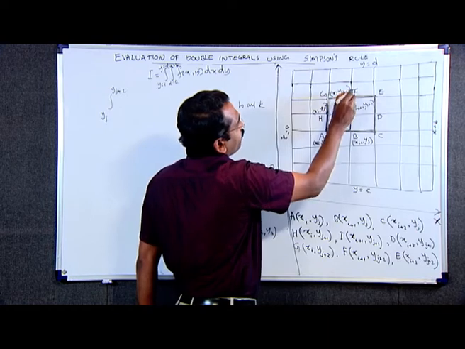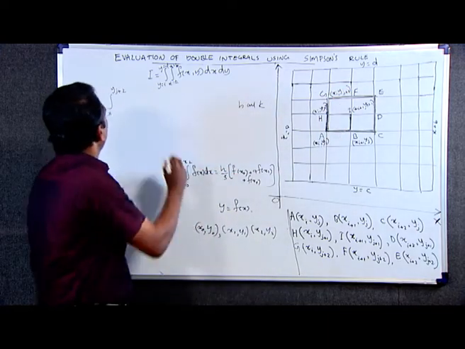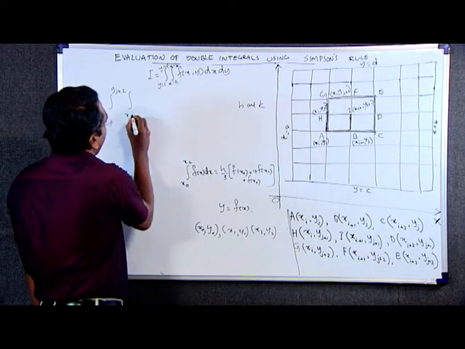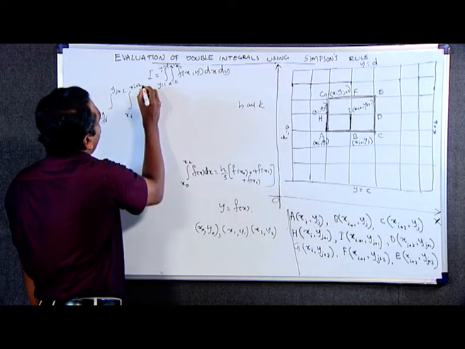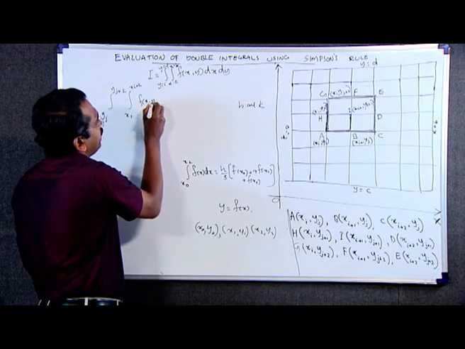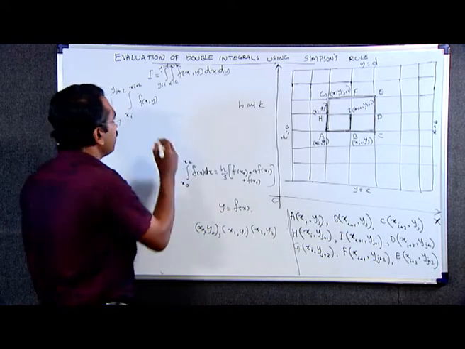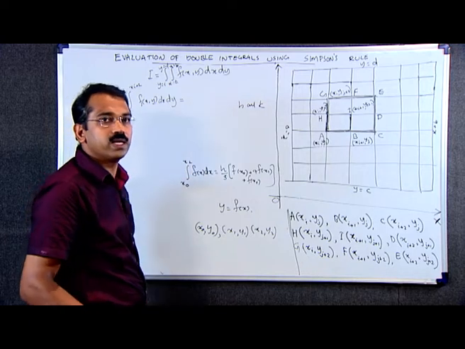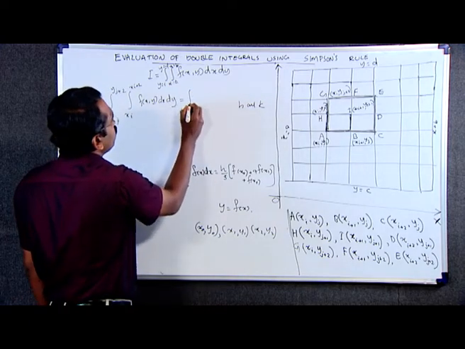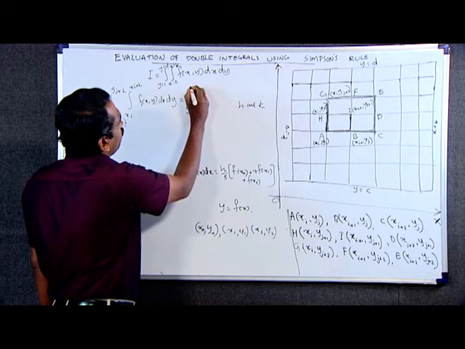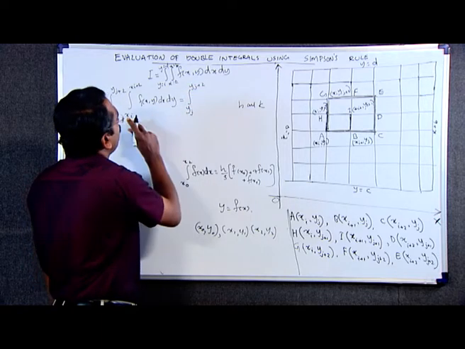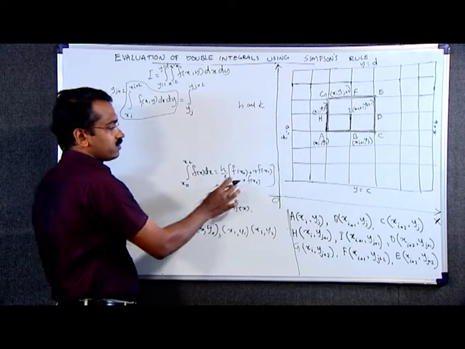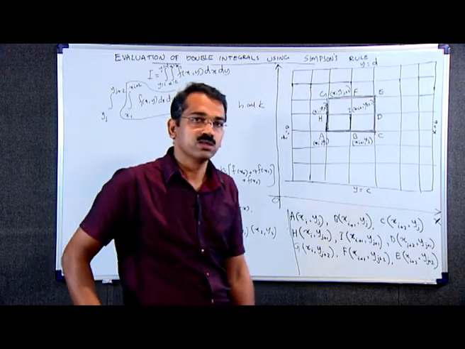And integral from xi to xi plus 2 f of x comma y dx dy is equal to integral from yj to yj plus 2. Here, for the inner integral, we apply Simpson's 1/3 rule.